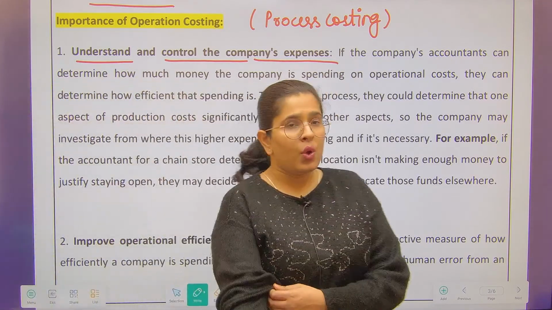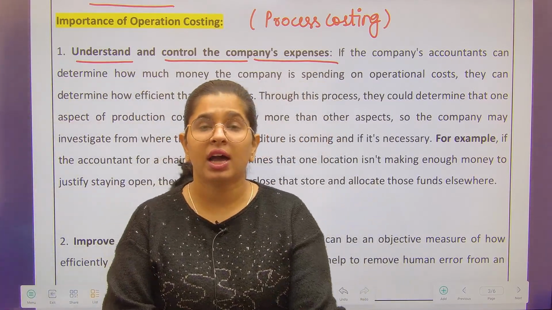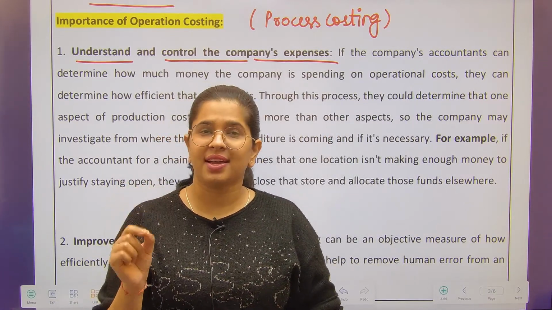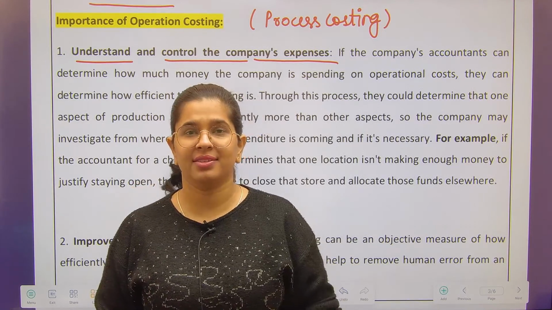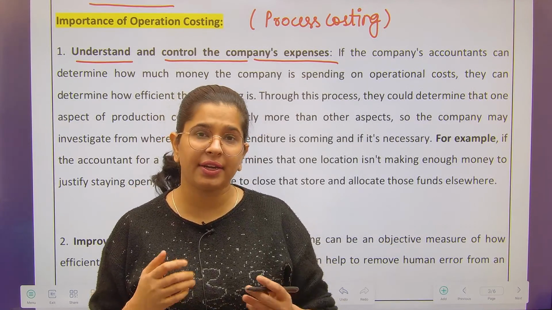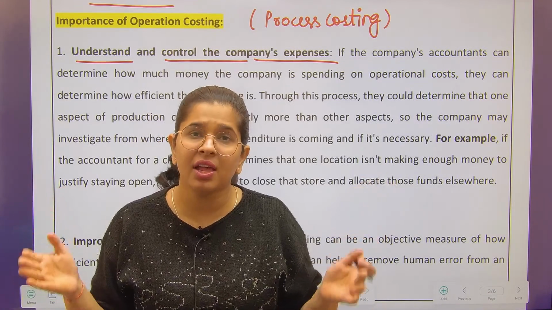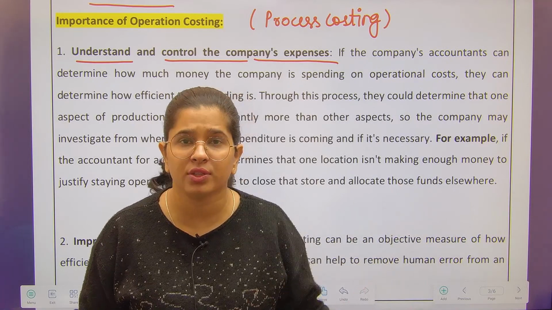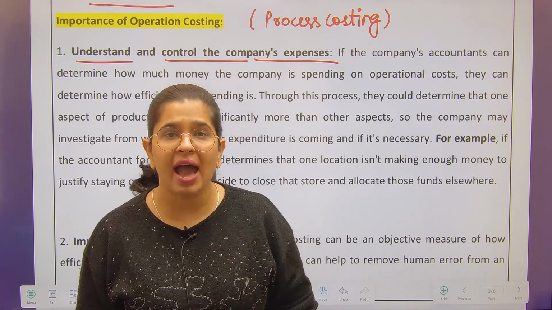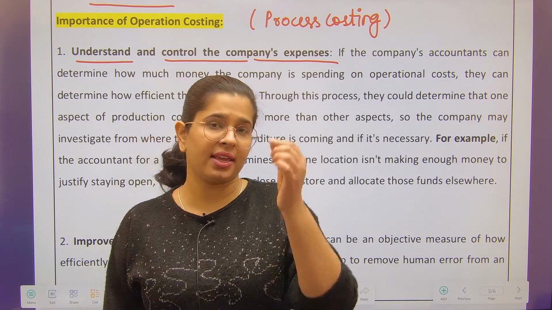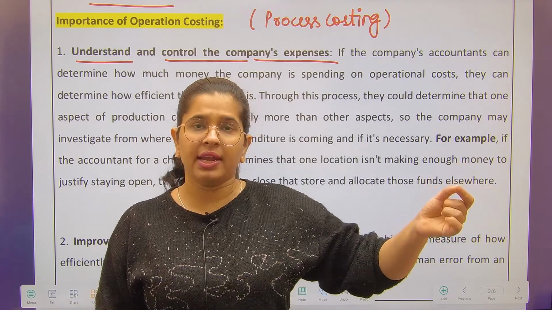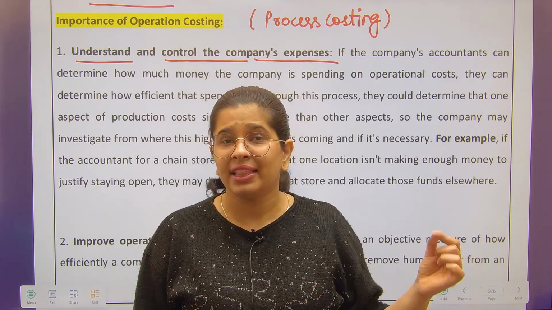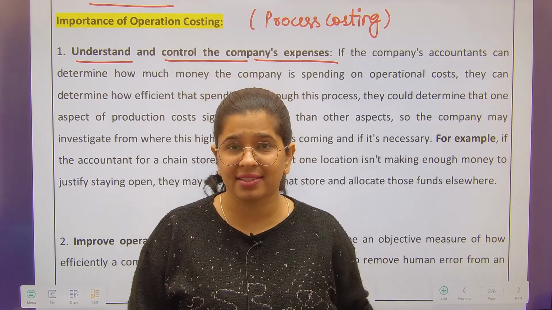See, when expenses happen on a large scale, even points of paisas matter. Because when calculated on a whole company level, with so many thousands, lakhs of units being produced and sold, even if you are having a difference of 10 paisa in the costing of each unit, this can cost you in lakhs.